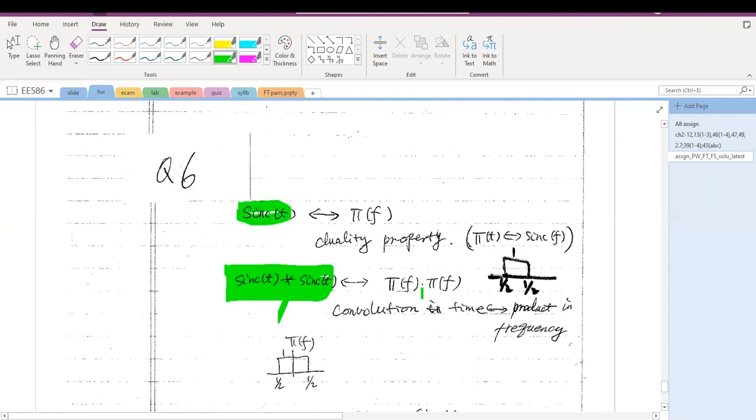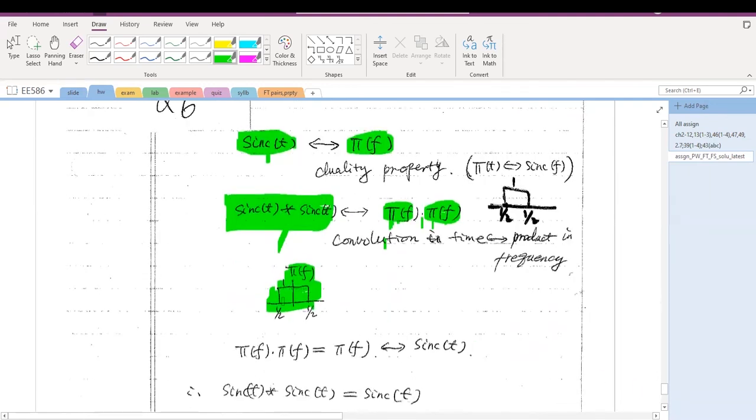And we know sinc t is a typical Fourier transform we want to know. The Fourier transform of sinc t is pi of f. So therefore, time domain convolution becomes product in the frequency domain. Two rectangles multiplied together, pi of f multiplied by another pi of f, equals pi of f. Now you take the inverse Fourier transform, that's sinc t. So therefore, this convolution equals sinc t.